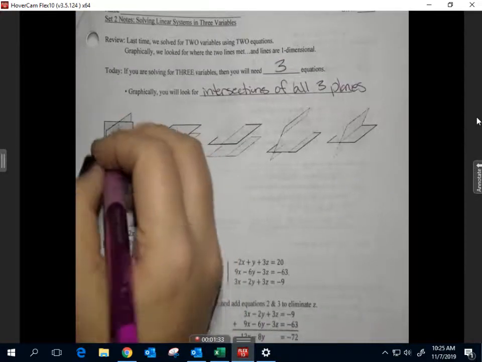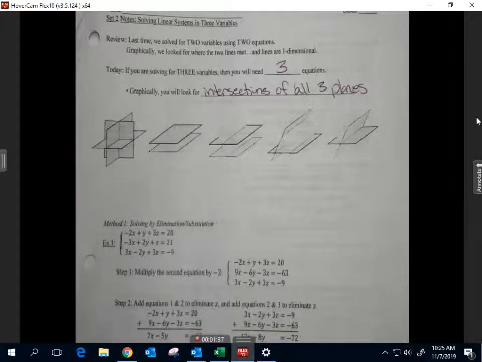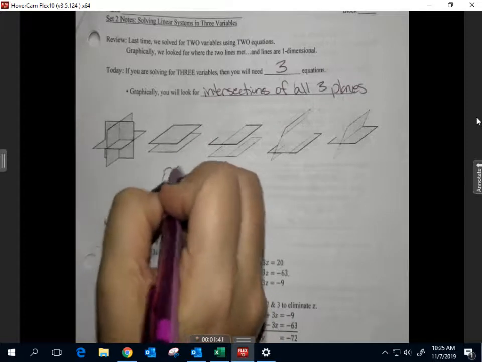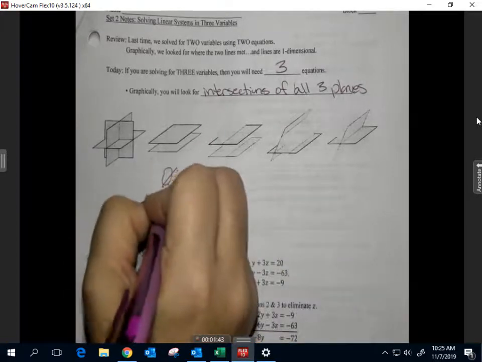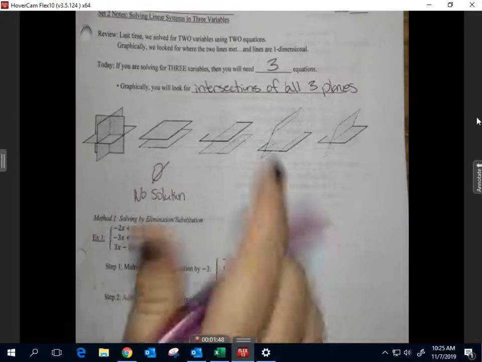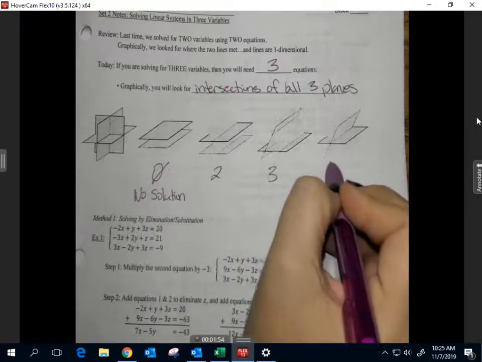Alright guys, what we have here are different scenarios you can have with your planes. So here's three planes. This would be no solution. They're not intersecting at all. Right here, you have two solutions, 3, and 1.